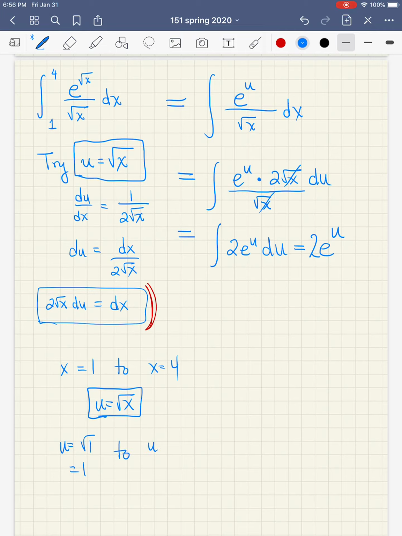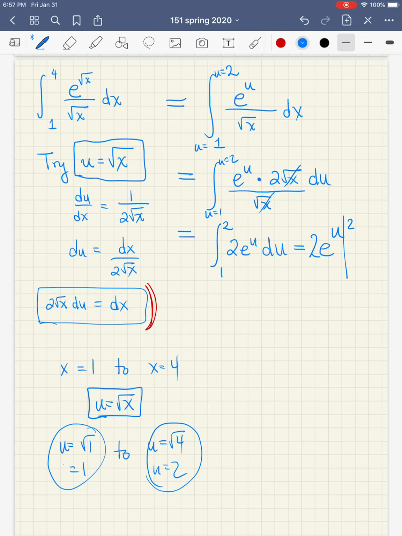And if x is 4, then u would be the square root of 4, which is 2. So if x is going from 1 to 4, then u is going from 1 to 2. And so we can substitute that in here: u equals 1 to 2.